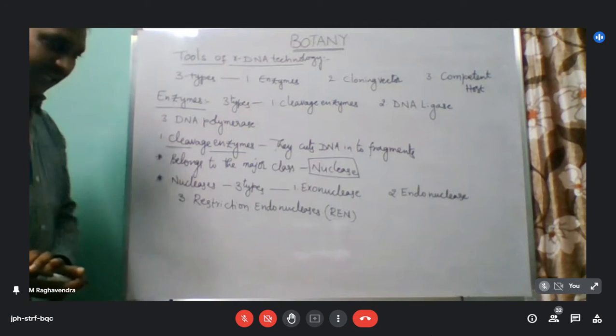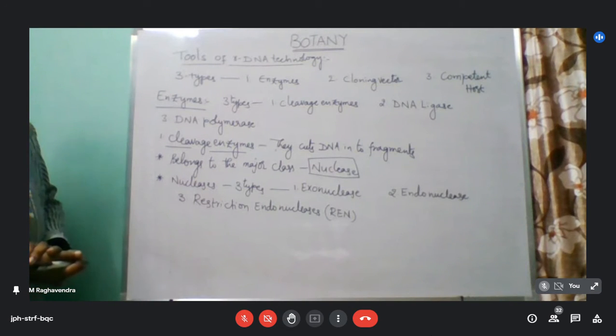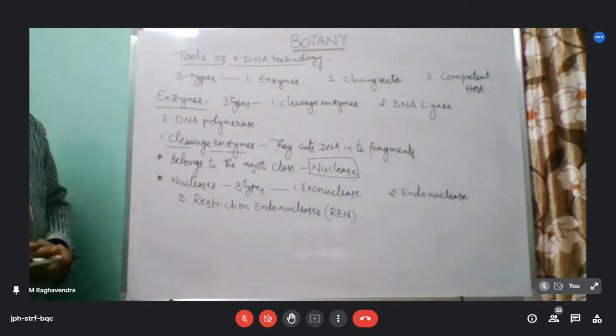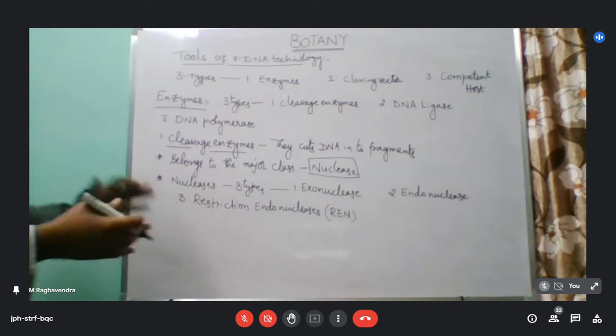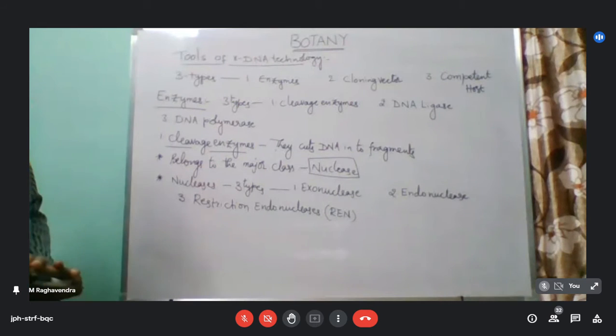They are of three types: exonucleases, endonucleases, and restriction endonucleases. These three have their own different functions. According to their cutting nature, they were divided into three different groups.